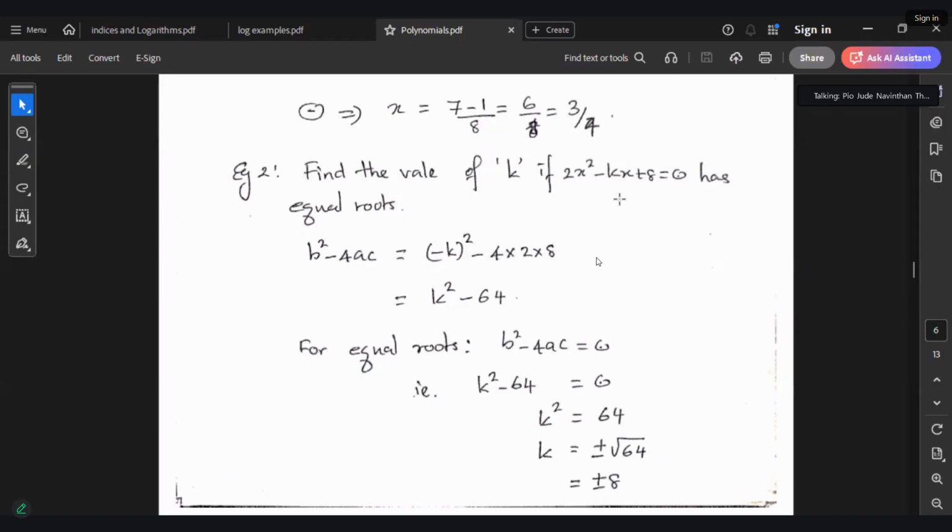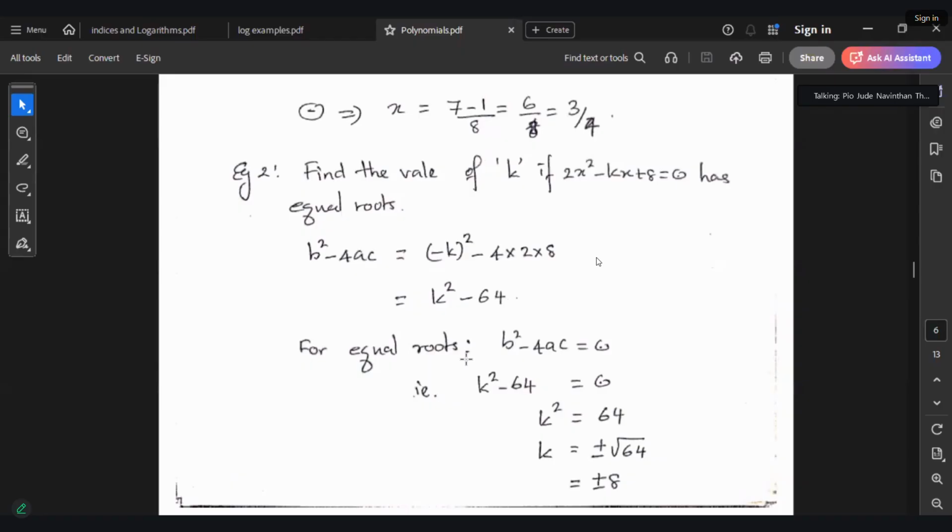It has equal roots. Equal roots means delta is equal to 0. What is delta? Delta is our b square minus 4ac. This is equal to 0. So k square minus 4 into 2 into 8, that is 64. k square minus 64 is equal to 0.